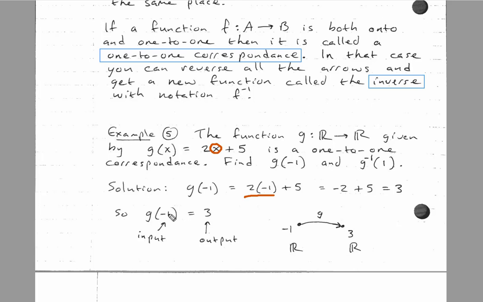So if negative 1 goes into g, then 3 comes out. For an arrow picture, we have an arrow from negative 1 in the domain to 3 in the range. Okay, so that was easy, but how about the inverse?